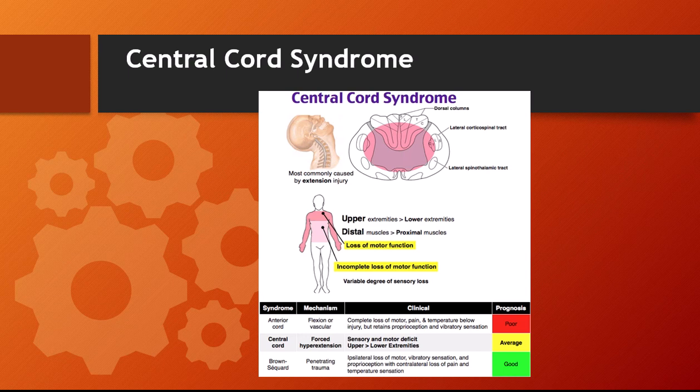And this is even more true for our patients that have kyphosis of either the neck or the upper back. These folks are at great risk if they get struck in the back of their car. Now those patients are going to be at great risk of having central cord syndrome. And this is another reason why we never, this is one of those nevers, we never force them down to the backboard.